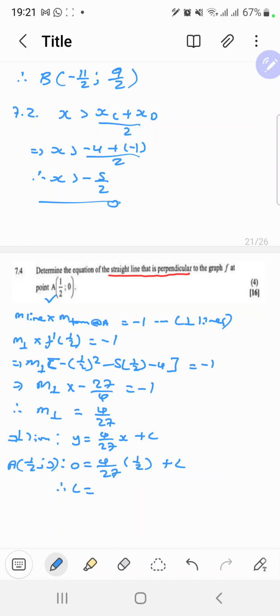So this is 2 over 27. And when we transpose that, it becomes minus 2 over 27. Okay? So therefore, the line is going to be 4 over 27 minus 2 over 27.